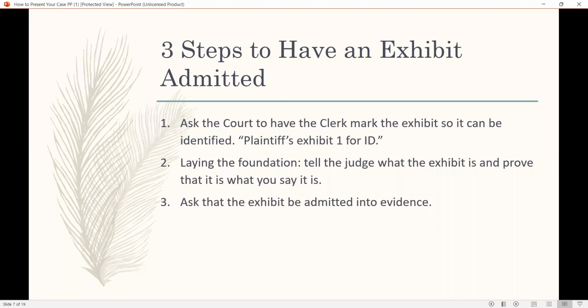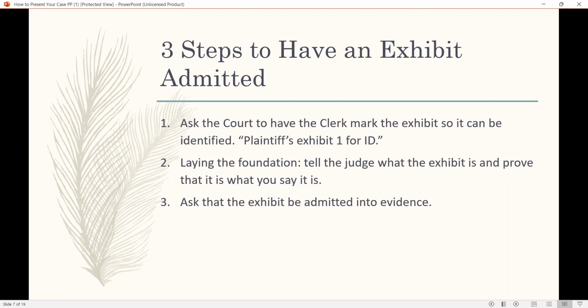Before you have the exhibit admitted into evidence, the judge will turn to the other party who's not trying to have the exhibit admitted and ask if there are any objections. The court is not asking whether or not the objecting party has any reason to disagree with the facts represented by the exhibit, or to deny maybe the truth of the exhibit.